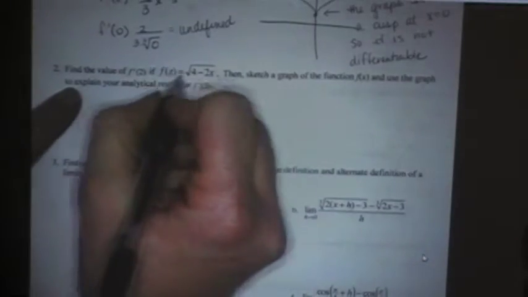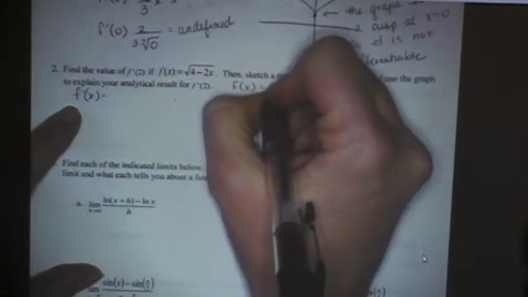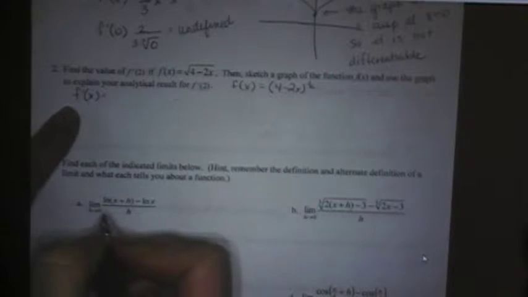So now we're going to do a very similar problem, problem 2. It says to find the derivative at 2 if f of x equals the square root of 4 minus 2x. So we're going to find our derivative, f prime of x. I'm going to rewrite f of x as 4 minus 2x to the 1/2 power. For this one, I'm going to use chain rule.